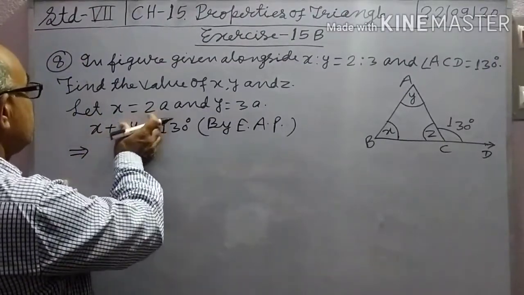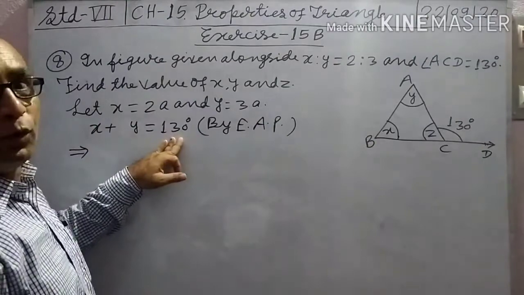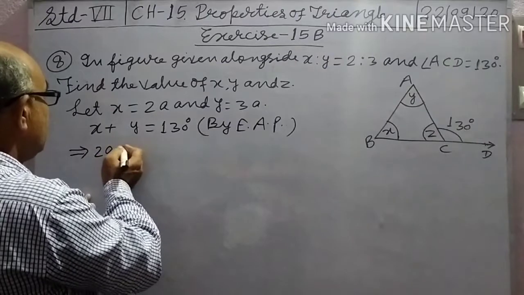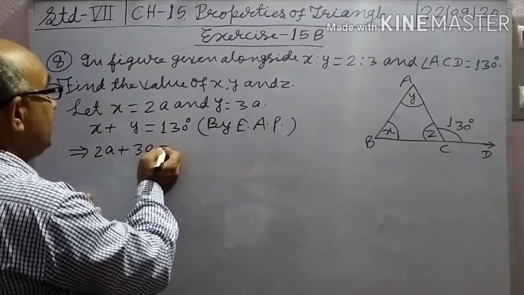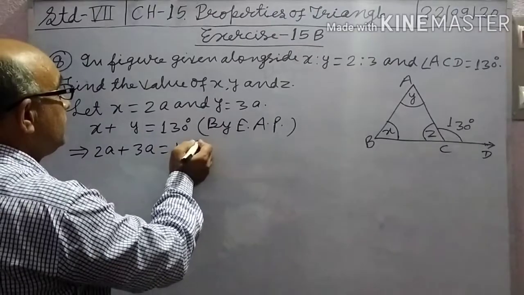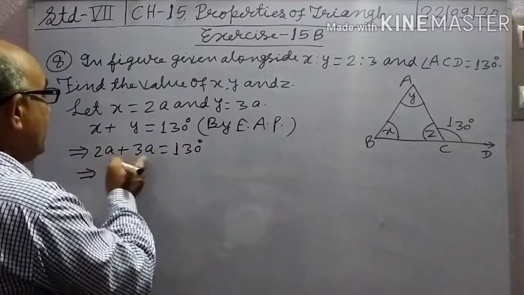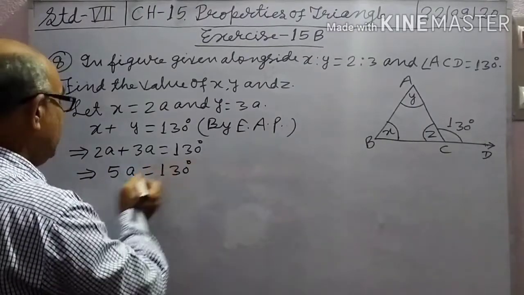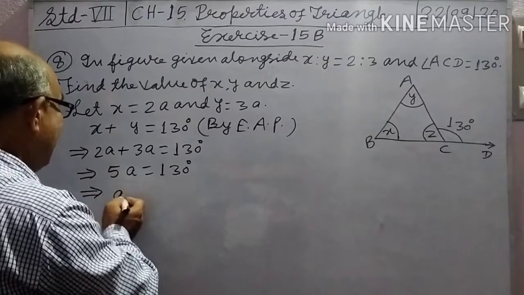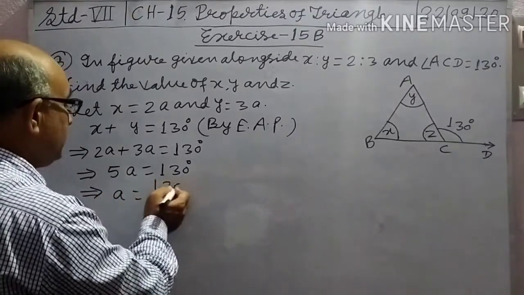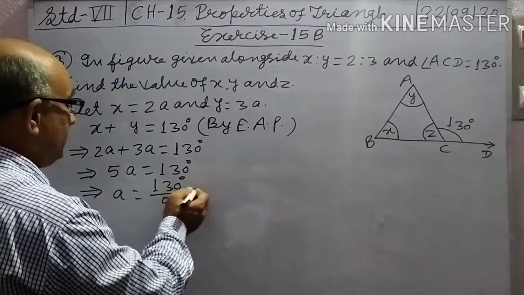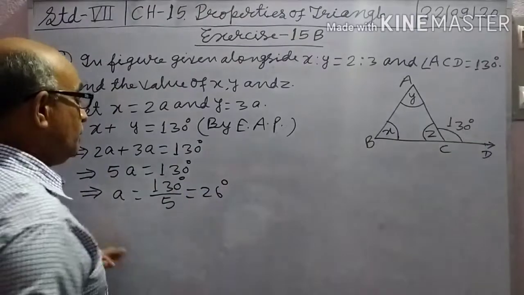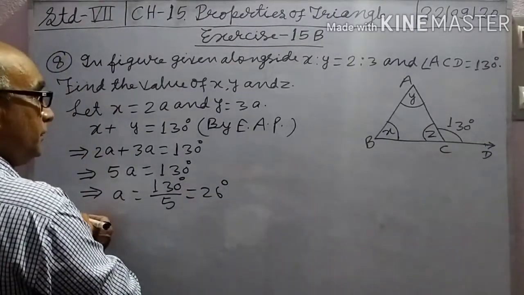Now x plus y equal to 130 degree. x equal to 2a plus y equal to 3a equal to 130 degree. That implies 2a plus 3a equal to 5a equal to 130 degree. Next step is a equal to 130 degree by 5, which is 26 degree.